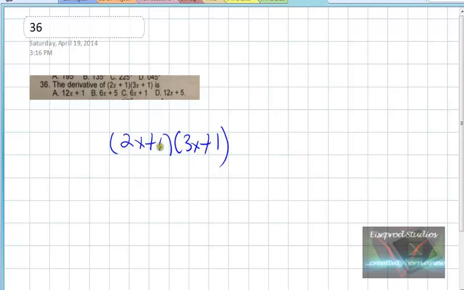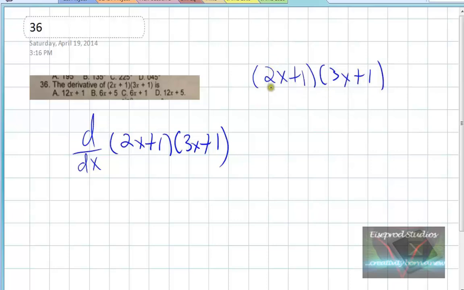The easiest way to take the derivative of this would be to first multiply these two out, so that we're not trying to use the chain rule or the power rule or the product rule, because that'd just be too much work. So let's go ahead and multiply 2x plus 1 and 3x plus 1 so we can get something that's easier to work with. Working on the side over here, 2x plus 1, 3x plus 1.